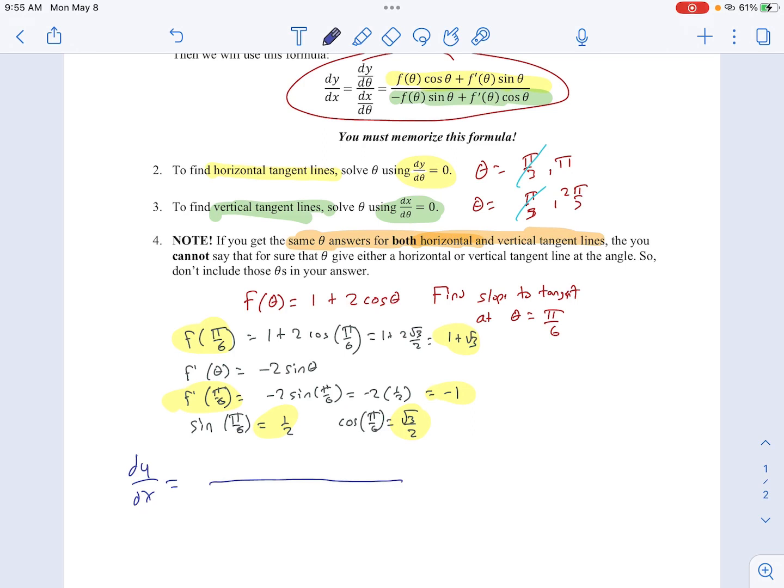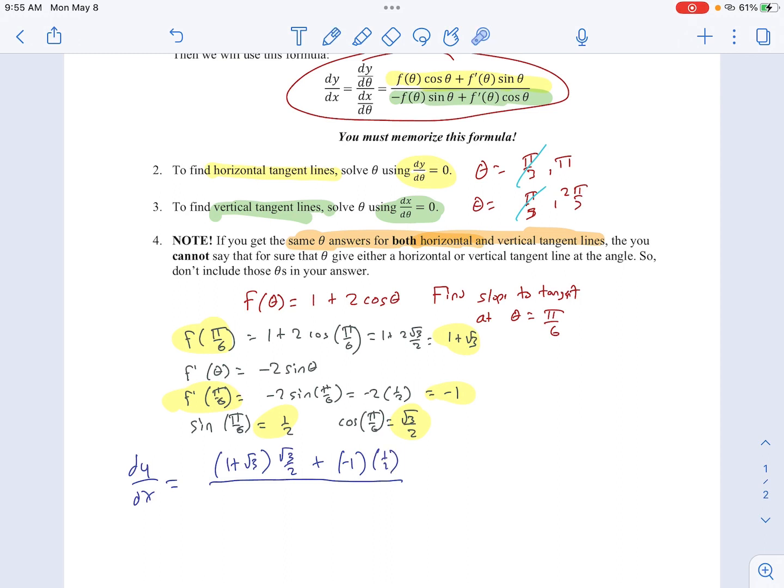So that would be 1 plus square root of 3, times the cosine of theta, which we said is square root of 3 over 2. And then plus the derivative evaluated at pi/6, which is -1. So -1 times the sine of theta, which is 1/2.